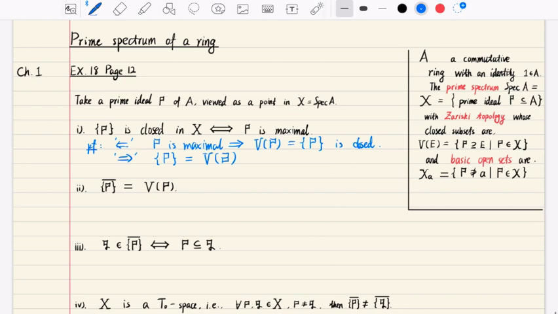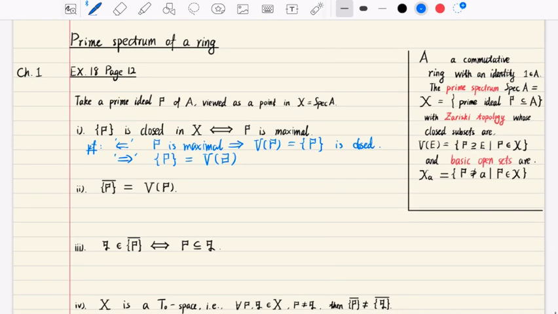And then this is equivalent to P being the only ideal containing A. But we know that a maximal element in V(A) must be a maximal ideal.